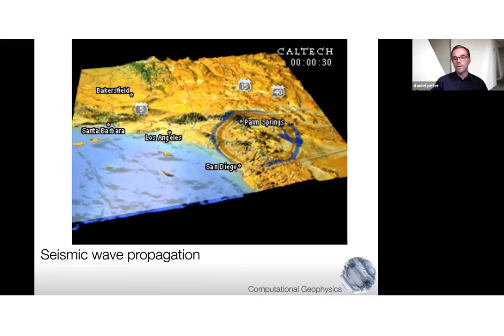And that is one of the advantages why it was then becoming more and more popular, where finite differences method can be used very well for body waves. But then as soon as you have topography, a free surface boundary condition, then the spectral element method has quite a bit of advantages.